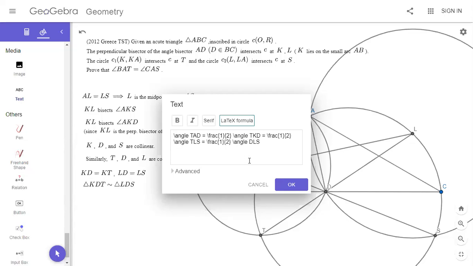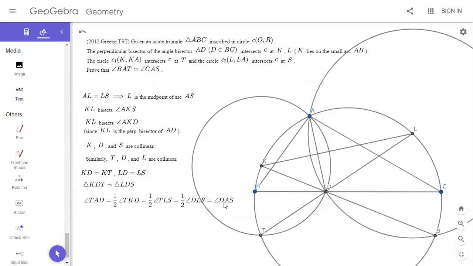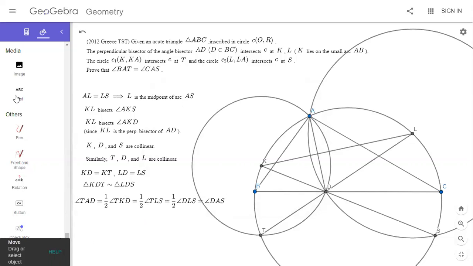Let's hope this all fits, which is angle DAS. Okay. This might be better on two separate lines, but let's see. I think that's fine. It'll just overlap the figure.